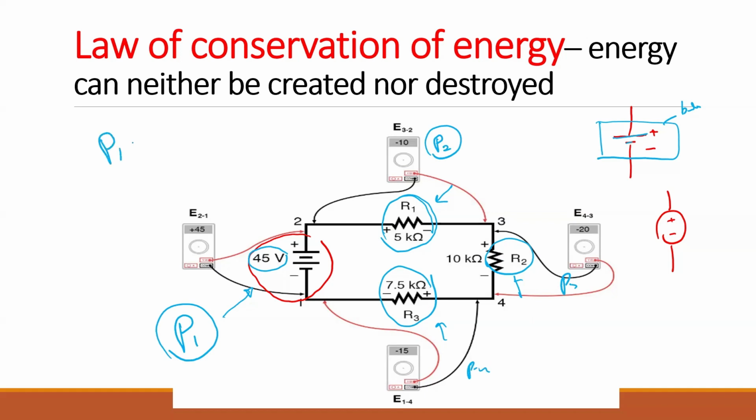P1 should be equal to P2 plus P3 plus P4, because whatever the power generated by the battery is used by these resistors. However, there are losses in circuits. We are not going into that depth in electrical fundamentals, but if you do electrical engineering, you will learn them later on. Are we good? Any questions?